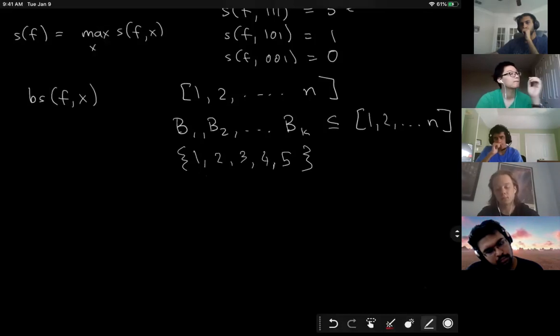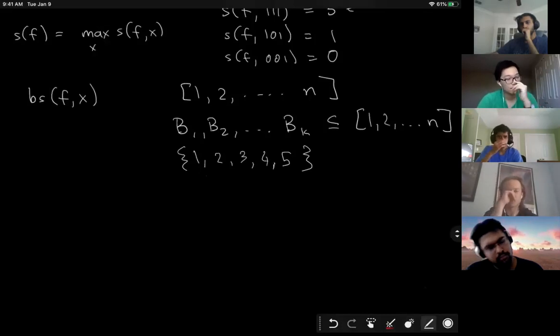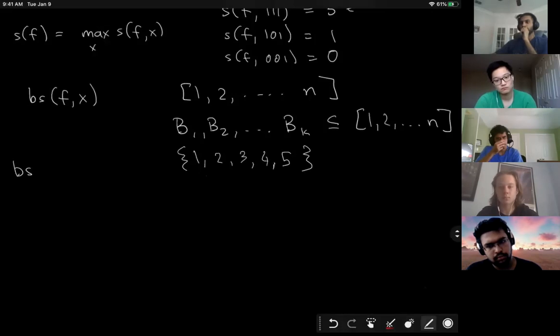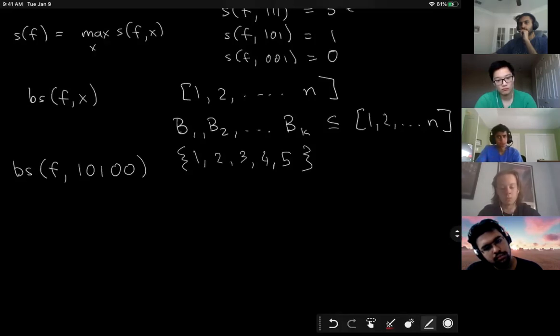I don't know if AND is the best, because each block is just the individual element for AND. Let's just do an example. What is the block sensitivity of this function on the input 1, 0, 1, 0, 0, for f being the AND function?